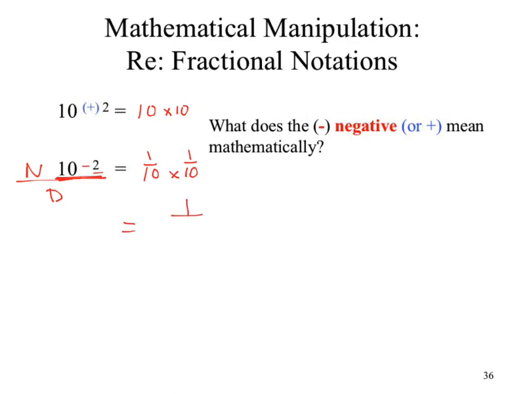In the denominator. Why does it become 1 over 10 to the positive 2 now? Because I flipped it, it's going to change the sign. The minus sign means do it in the other location. The positive sign means do it where it's located. It's currently in the denominator. I don't have to flip it again. So that minus can help you change your location.